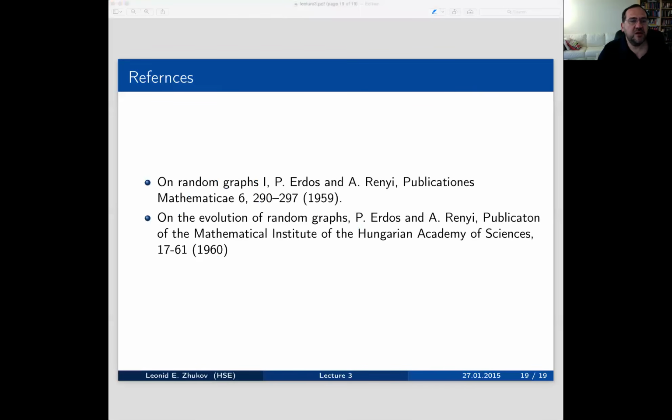There has been much more work on these graphs, in particular on the configuration model. There is a big chapter on the configuration model and how you can compute with it in the book by Newman, the one I also referred you to. So that's it for today. Any questions?